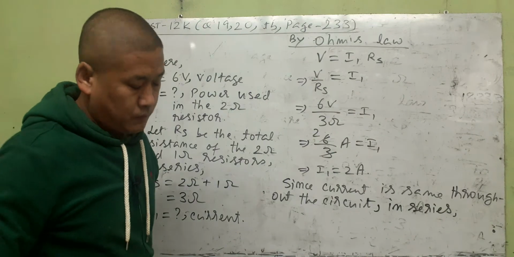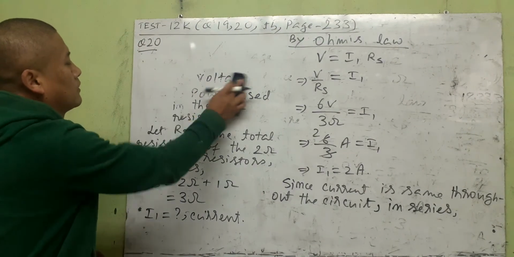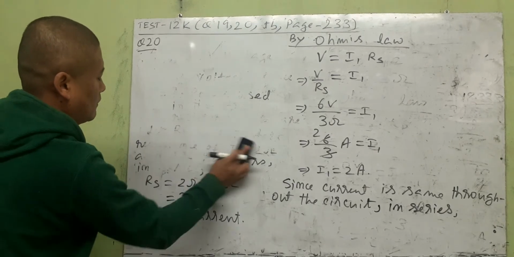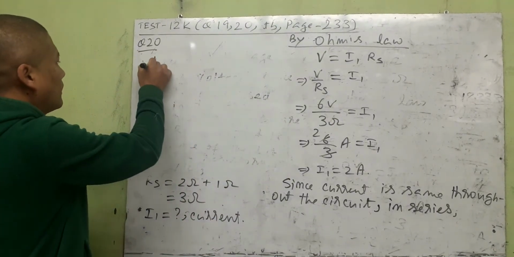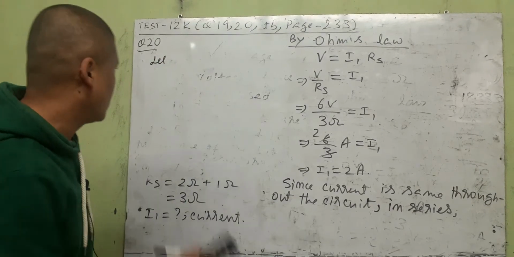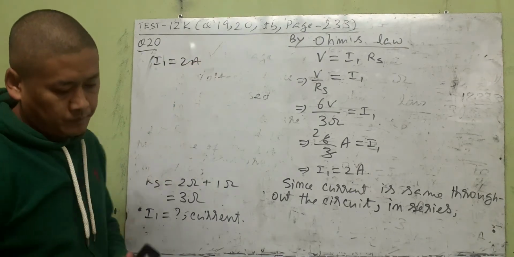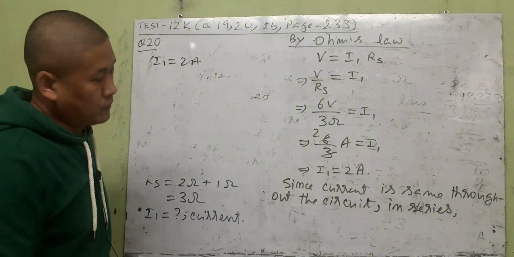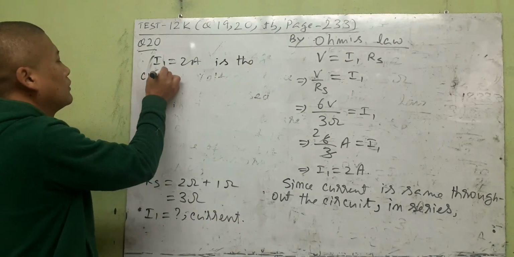So I1 equal to 2 ampere is the current that we calculated just now.